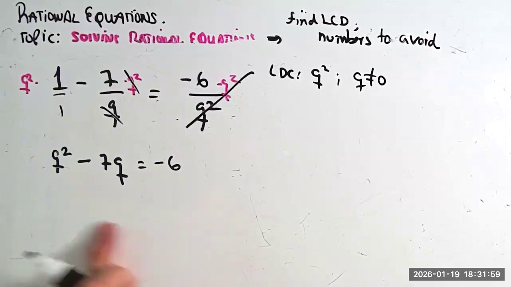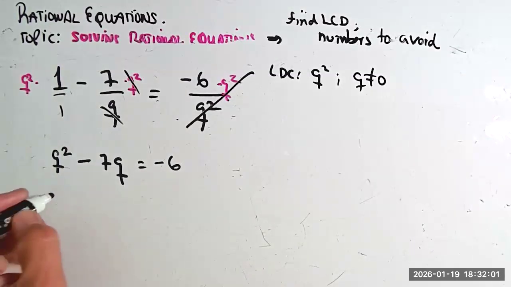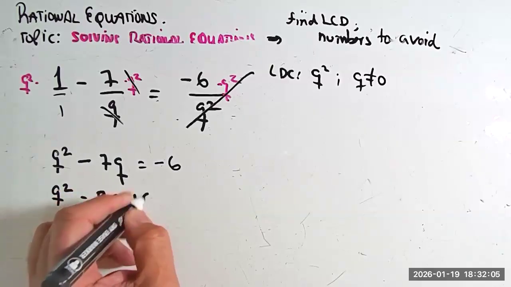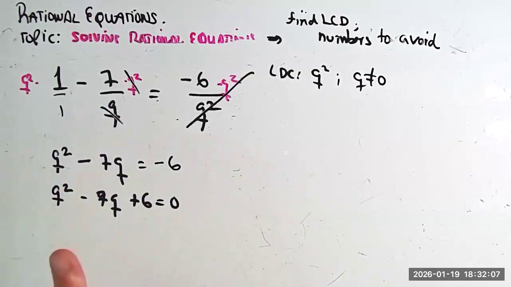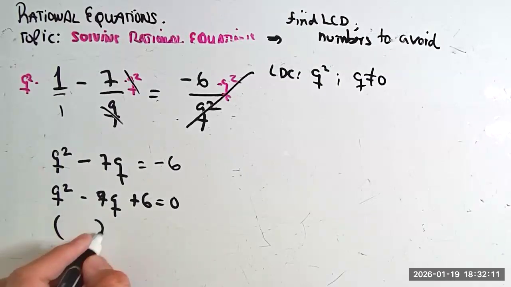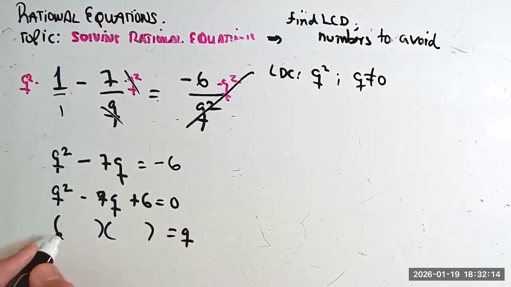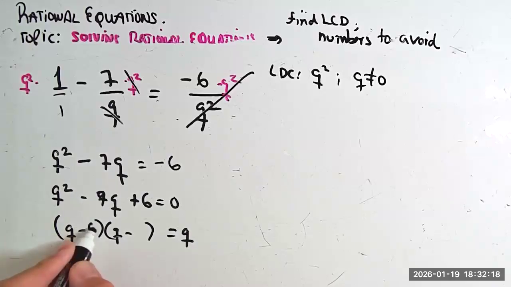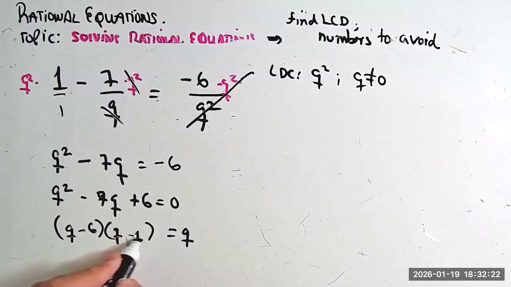It's a quadratic equation. We can always set it equal to 0 and solve accordingly. Q squared minus 7q plus 6 equals 0. Now we're looking for factors of positive c that give me negative 7 when I add them. So q times q, that will be q minus 6 times q minus 1.